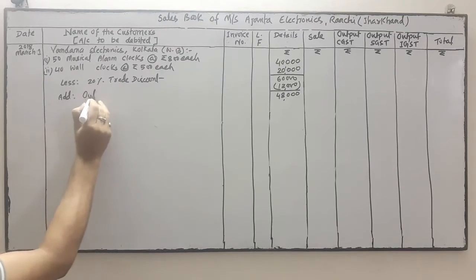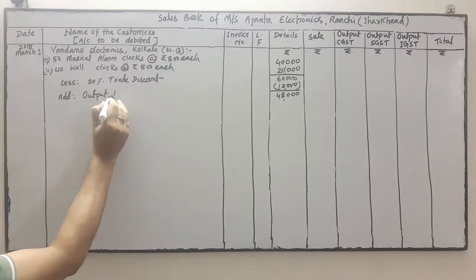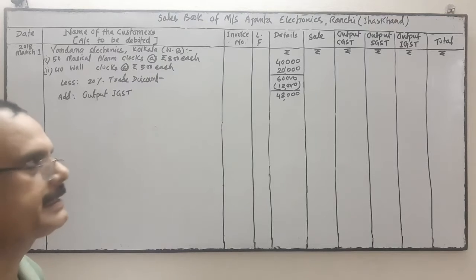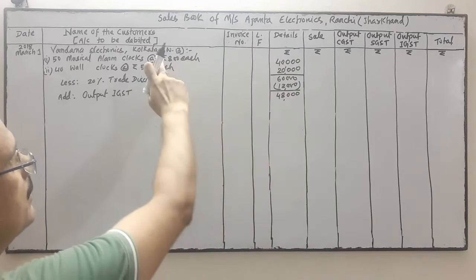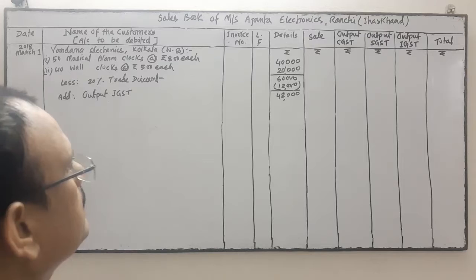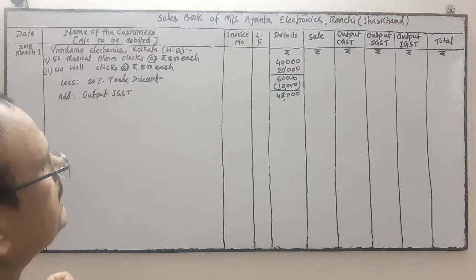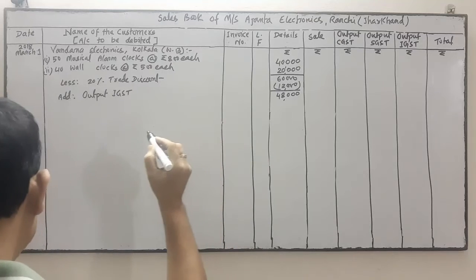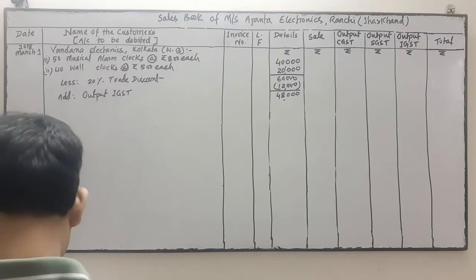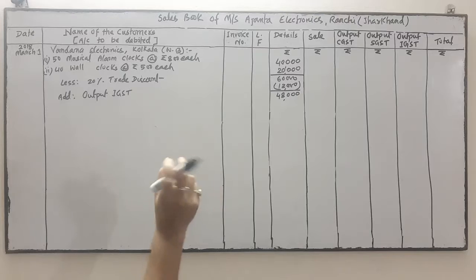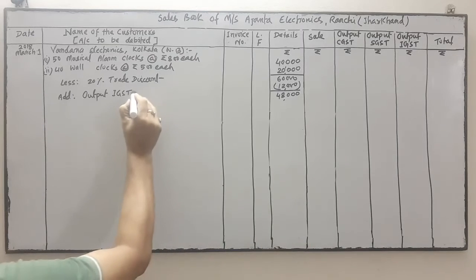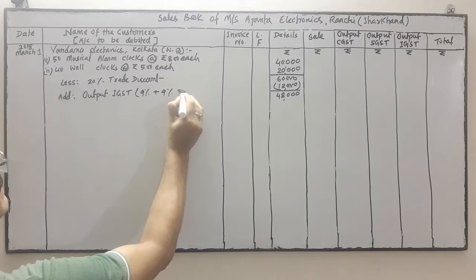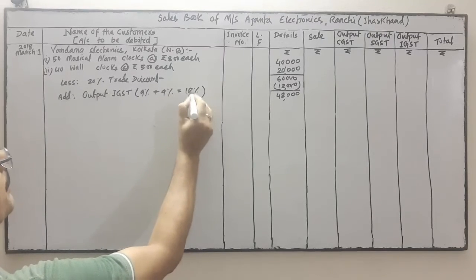Here output IGST will be applied because it's an interstate sale, Jharkhand and West Bengal. The CGST rate and SGST rate will be clubbed, 9% plus 9%, so this will be 18%.